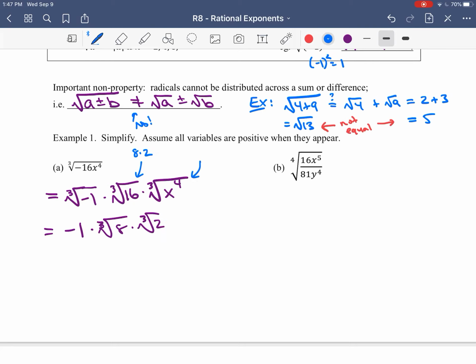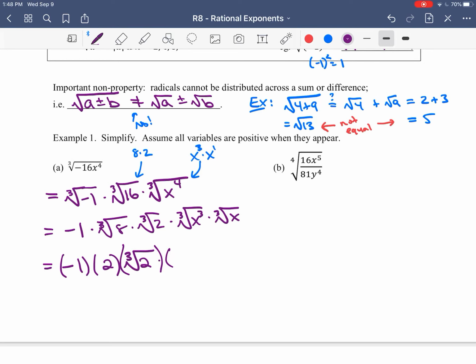Similarly, x to the 4 is x cubed times x to the power 1. So I can also break this one up. So it's going to be the cube root of x cubed times the cube root of x. So negative 1, cube root of 8 is 2. Cube root of 2 is stuck there. Now cube root of x cubed, because the power is odd, I know that that's equal to x.